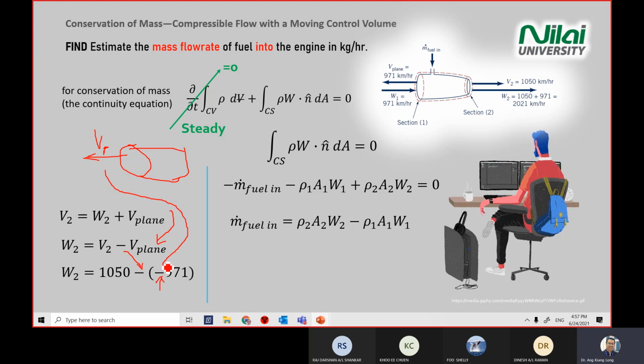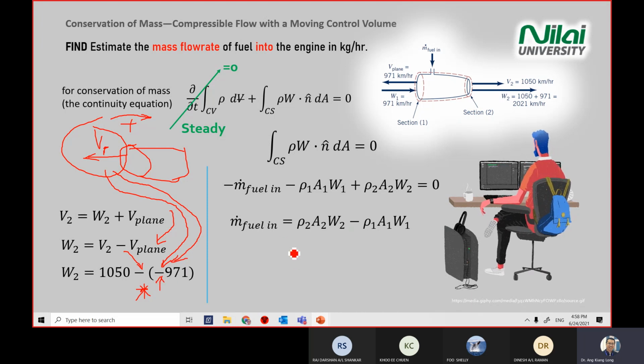That's why we have a negative sign there, because by default, all directions to the right are positive. So be careful. This is also one of the critical areas where students make mistakes. They forget the direction of the vehicle. This is one of the areas where students lose marks and make mistakes in the final answer. Take note of this.